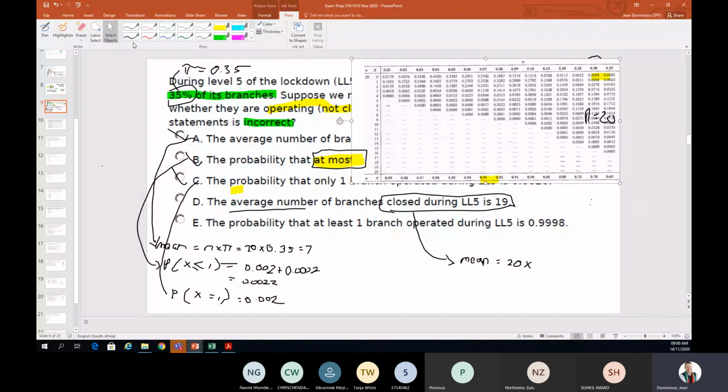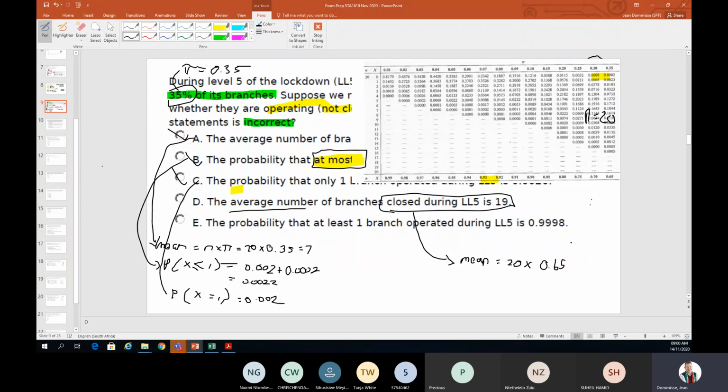If it is 0.35 or 35% for operating, and remember it's binomial, so if it's not open, it's closed. So for open, it is 0.35. Then for closed, it is 1 minus 0.35, which gives us 0.65.